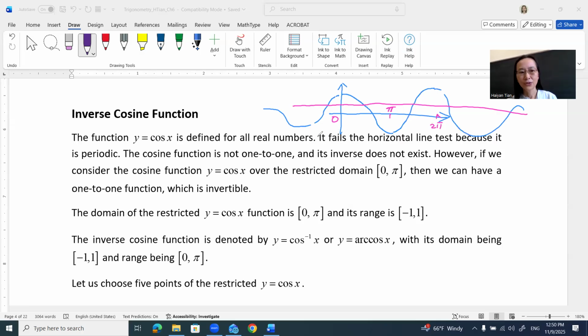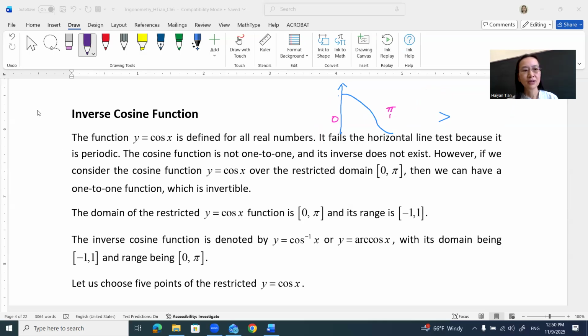That shows it cannot be a one-to-one function. So in order for the cosine function to be one-to-one, let's restrict the curve over a smaller domain. Just one period is still not one-to-one, so we erase that branch and only look at the cosine function from 0 to pi.